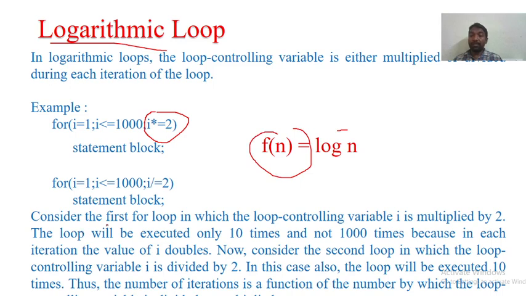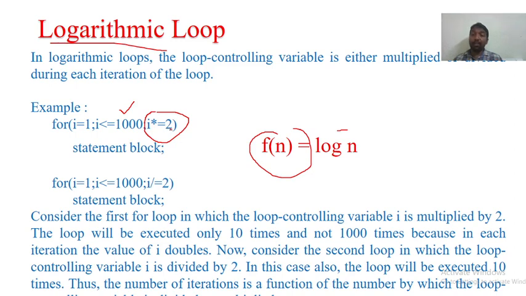Consider the first for loop in which the loop controlling variable i is multiplied by 2. Suppose we simply increment by 1, it takes 1000 times. But now i is being multiplied by 2.